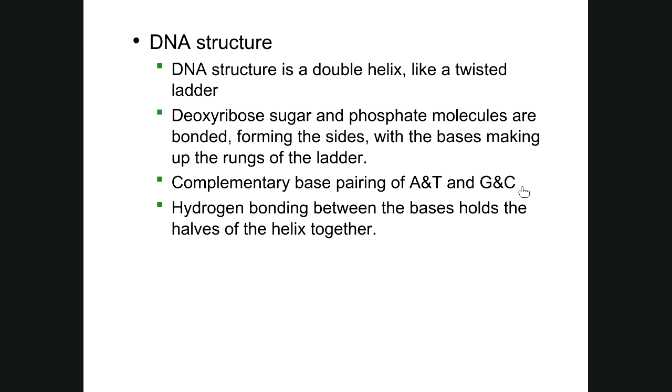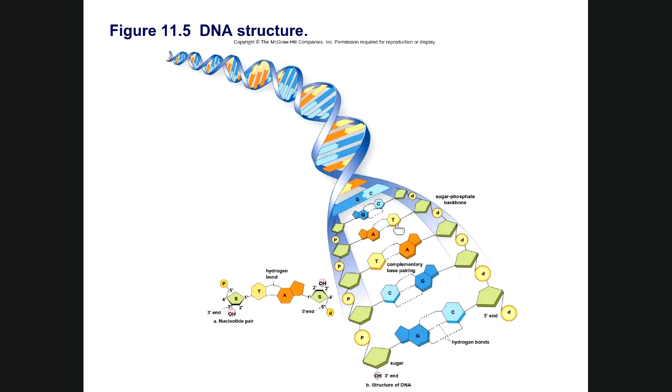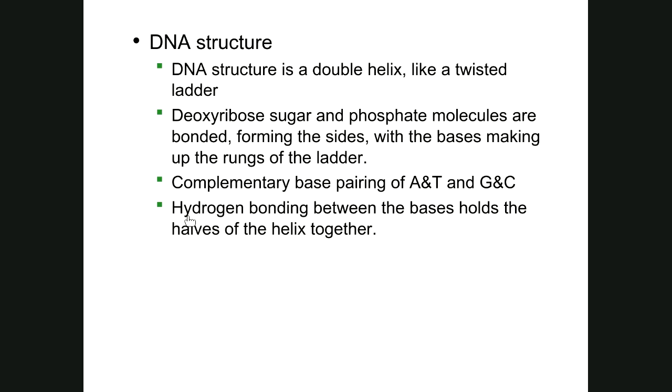Then how are these A and T, G and C joined or bonded? They are joined by hydrogen bonds. You can see here the hydrogen bonding between the bases holds the two halves of the helix together.